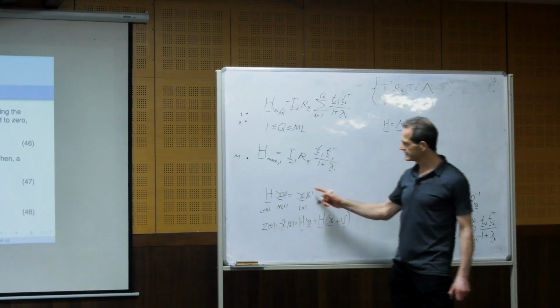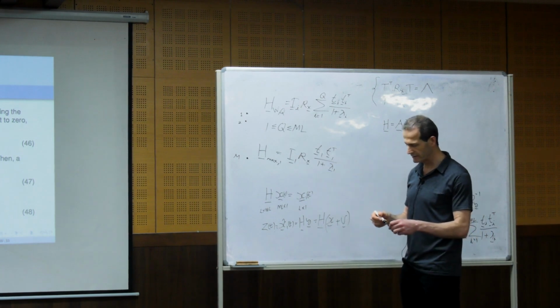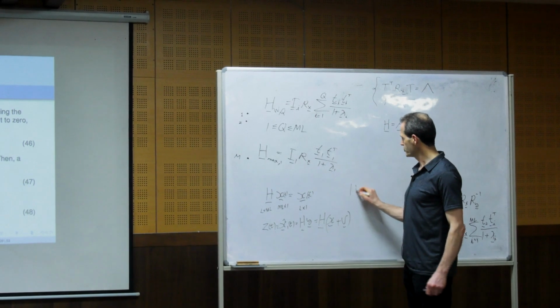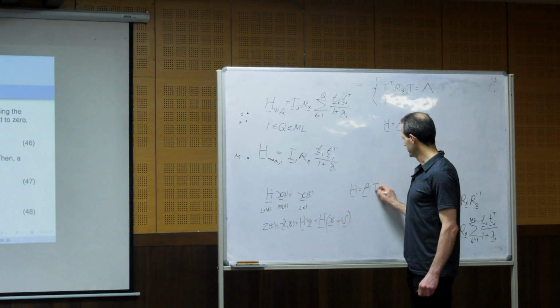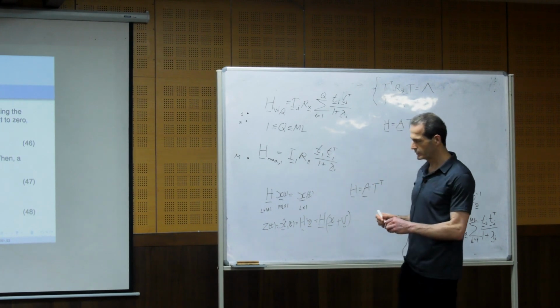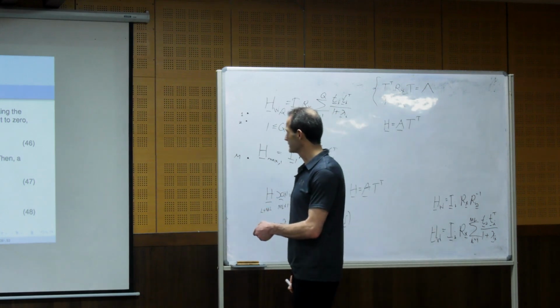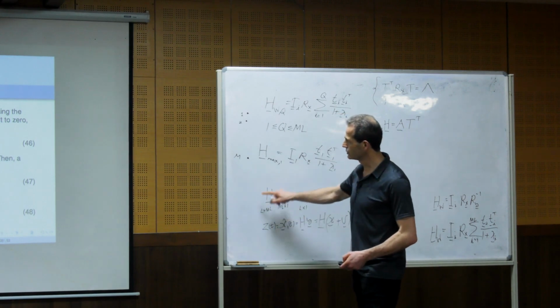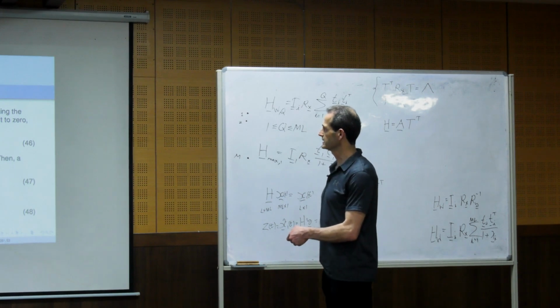So if we write it like this, we can write it also in the transform domain using the matrix A. Because H is A T transpose. So in the transform domain, we work with the filtering matrix A, and we show that this requirement, the distortionless requirement, is the same as this.